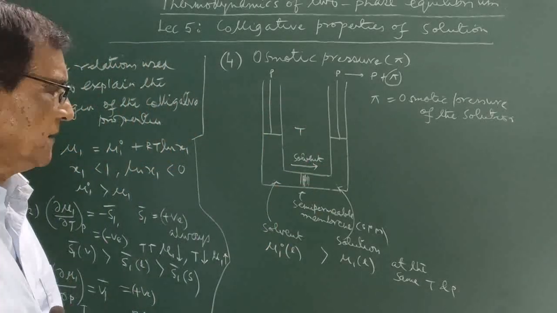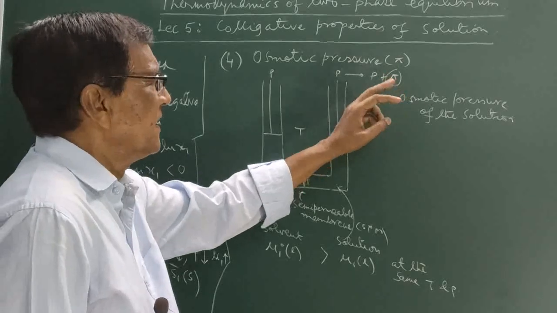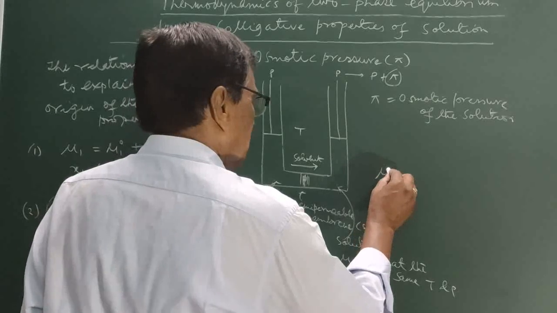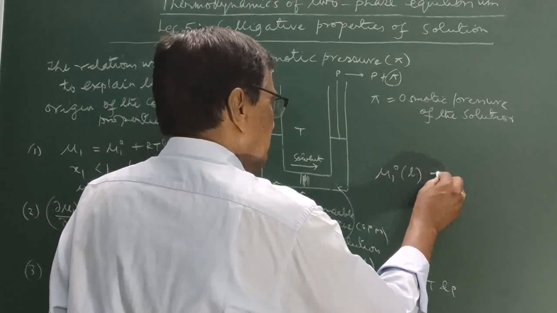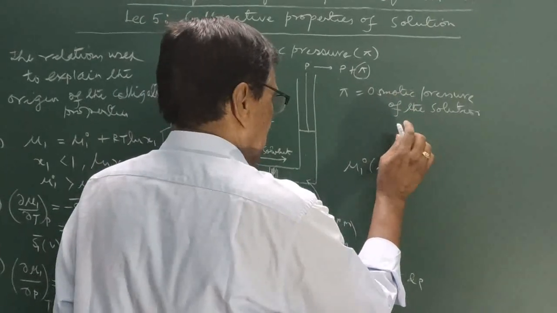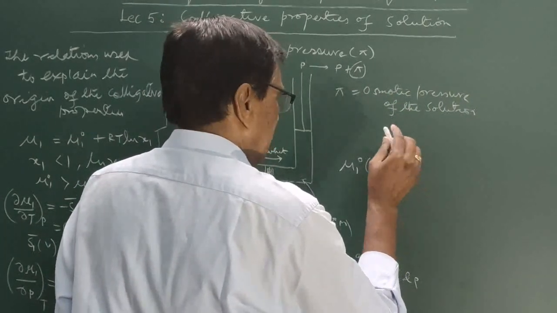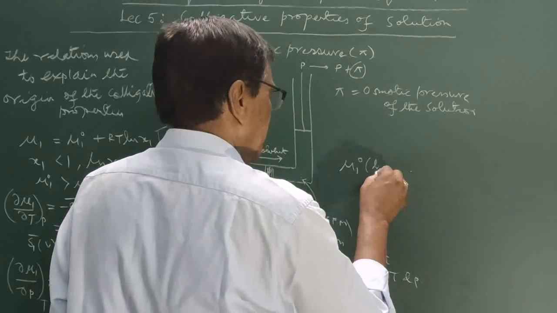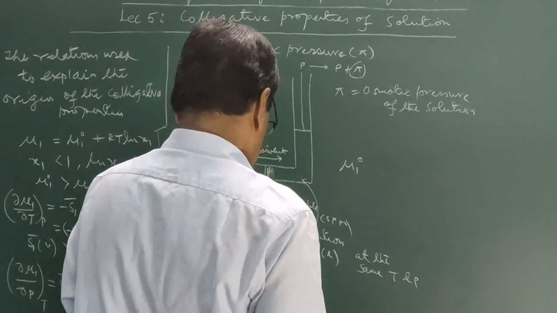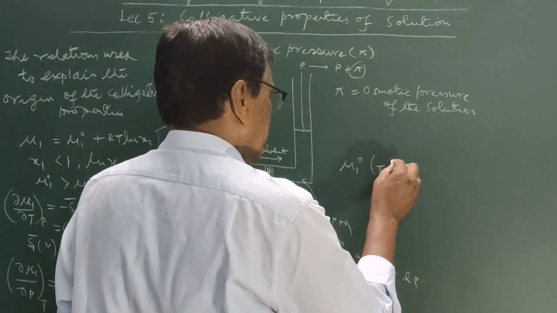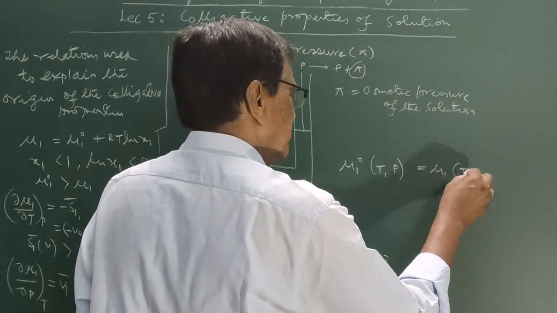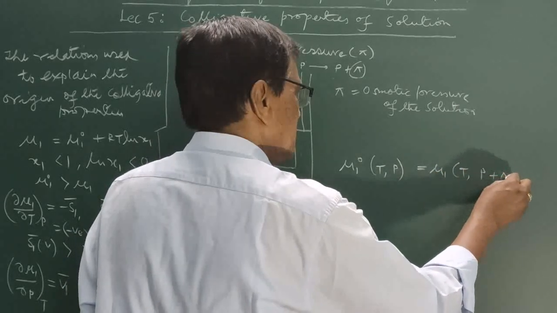So whenever this additional pressure is added, mu1 not L at temperature T and pressure P is equal to mu1 at temperature T and pressure P plus pi.